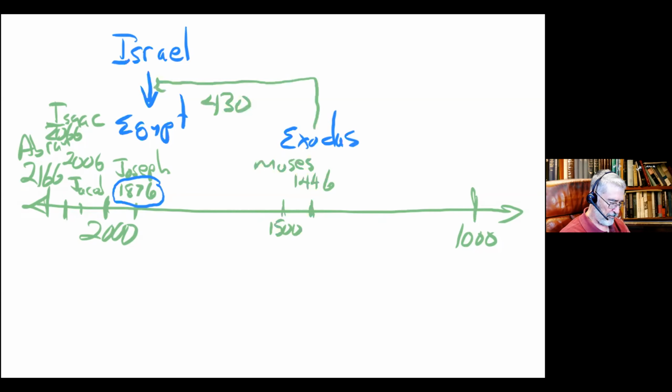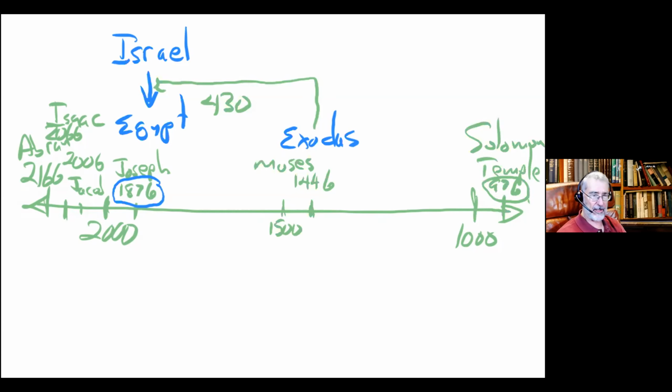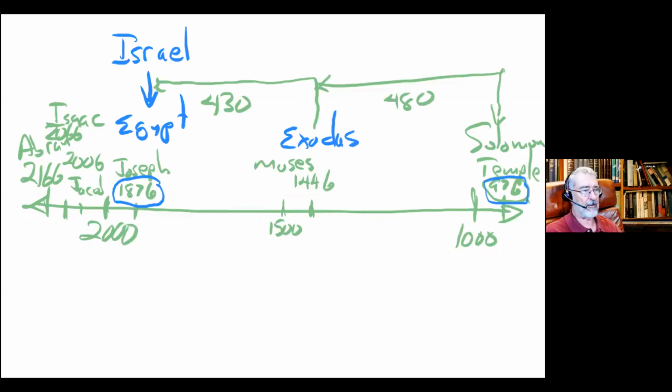We also know that the temple was first constructed by Solomon in 976 BC. And we're told in that verse that the period between the temple and the Exodus is 480 years. And this date, the date of the temple, is very dateable.